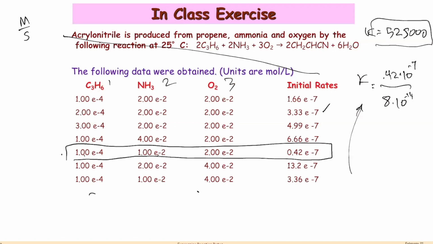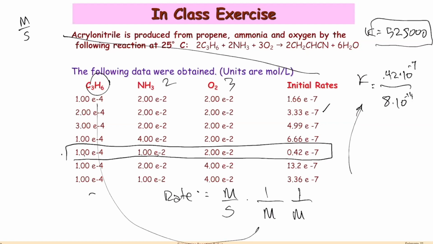So that means that you have a rate which is molarity per second, okay? And you have molarity from this right here, because that's to the first. You have molarity to the second, because that's second order right here, and you've got molarity to the third right there.